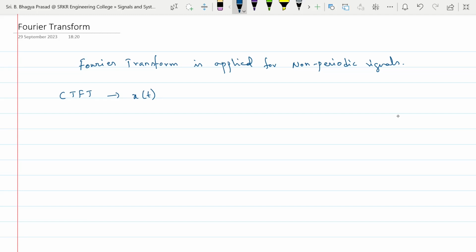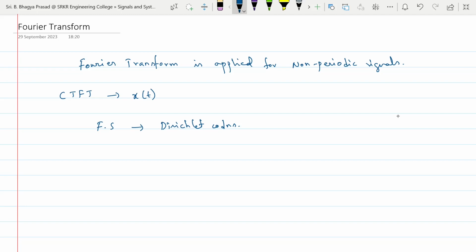If x of t is an aperiodic signal, we have to find out the frequency content of that signal x of t. As you all know, in the Fourier analysis, while discussing the Fourier series, we discussed the Dirichlet conditions. The same condition should be satisfied for the Fourier transform also.